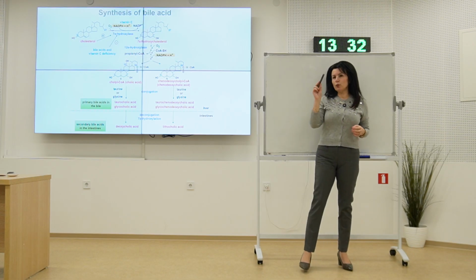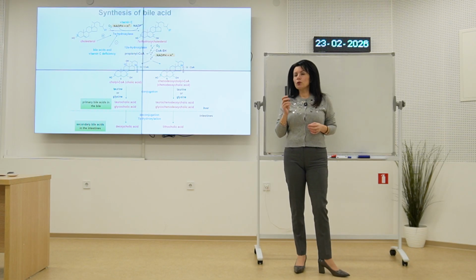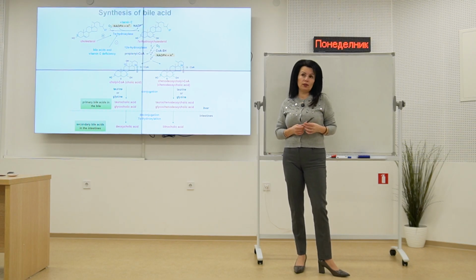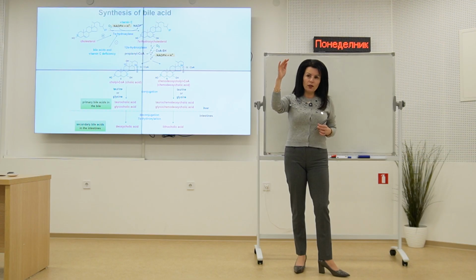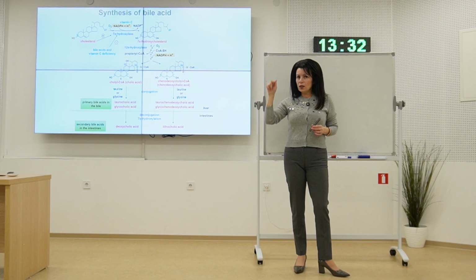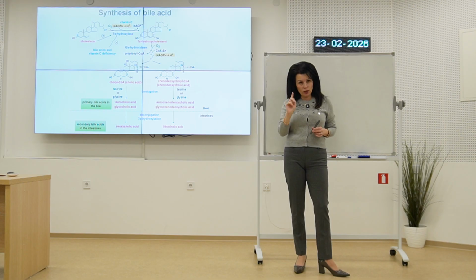Propionyl coenzyme A is produced from the beta oxidation of fatty acids with an odd number of carbon atoms. Do you remember that? Propionyl coenzyme A, methylmalonyl, succinyl. This is the scheme from fatty acids with an odd number of carbon atoms. This was the first.